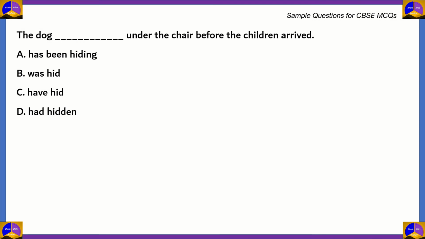Let's look at this question. The dog dashed under the chair before the children arrived. So we have four options: has been hiding, was hid, have hid, had hidden. Which of these is correct? Well, here the dog did something under the chair before the children arrived.